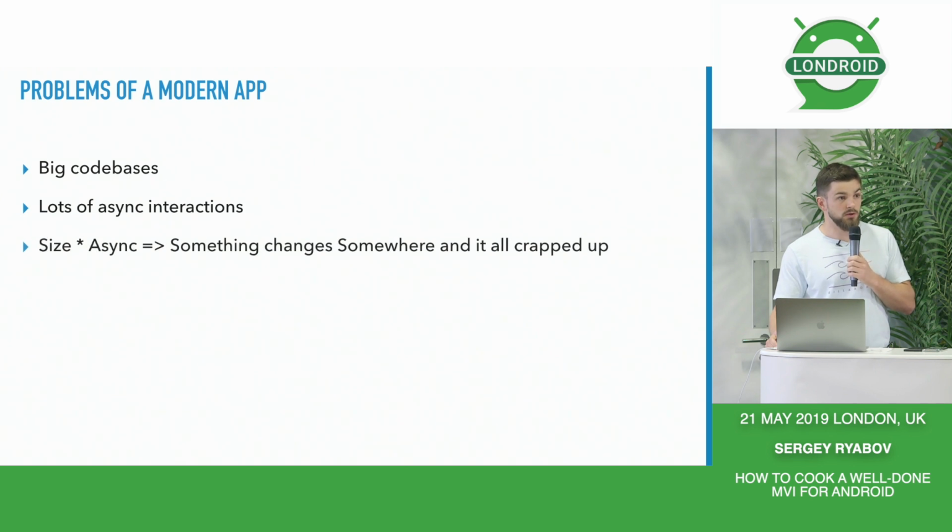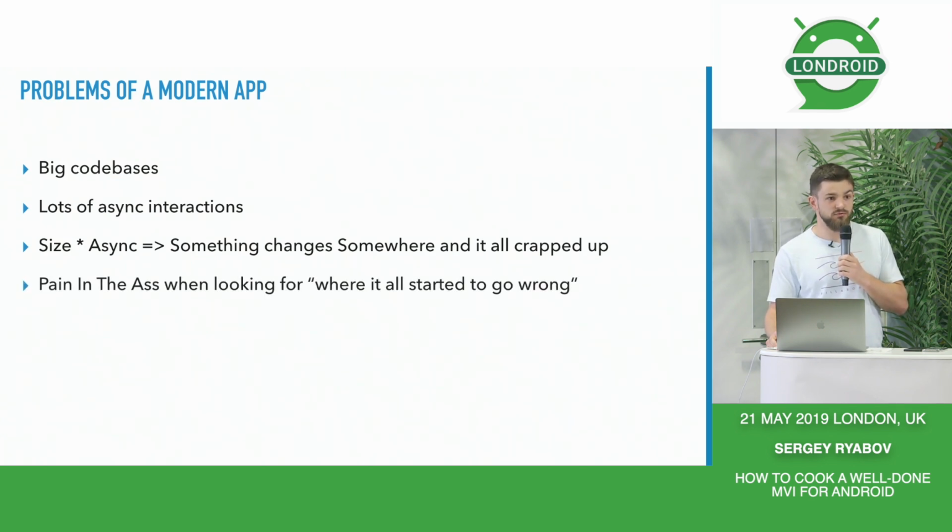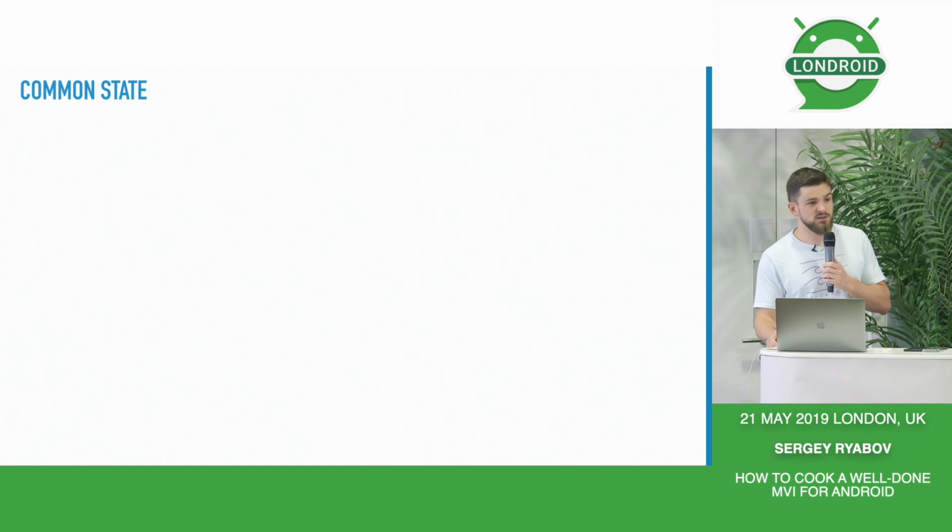If we combine the size and async problems, we end up in a situation where something changes something in our application, and we just don't know what went wrong, how the state of our application was crippled. It's actually a pain to find out where and at what point in time it went wrong. Common state is supposed to solve this.